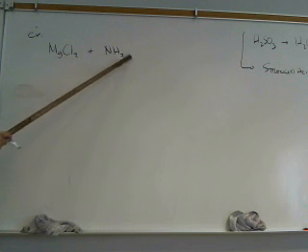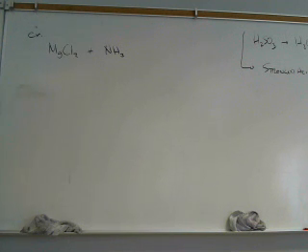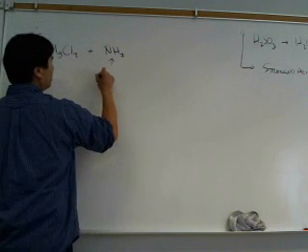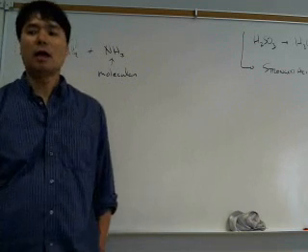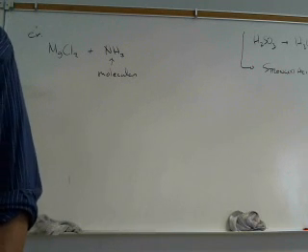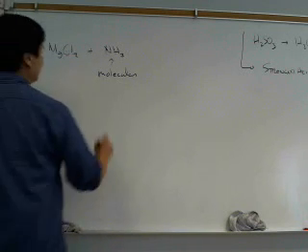The ammonia is not an ionic compound. Ammonia is a molecular compound, right? And so this is molecular. And when we're thinking about metathesis, we're looking for favorable ion combinations. So where are the ions? We need the ions here.